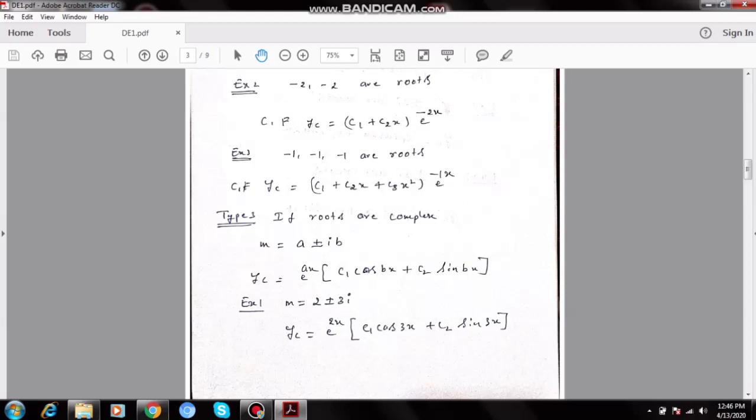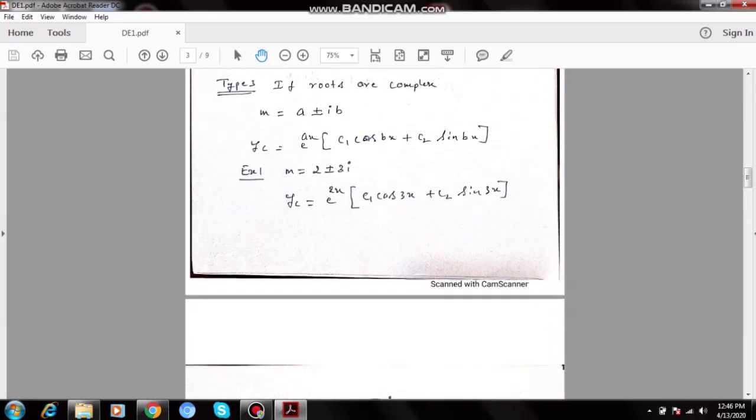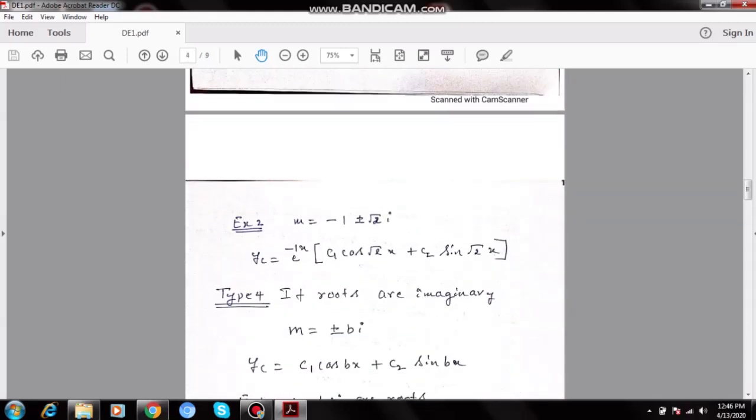So the real part gives e power 2x, and using the imaginary part, we'll write c1 cos 3x plus c2 sin 3x. Another example, if the roots are minus 1 plus or minus root 2 i, minus 1 is the real part and root 2 is the imaginary part. So e to the power of minus 1x into (c1 cos root 2 x plus c2 sin root 2 x).